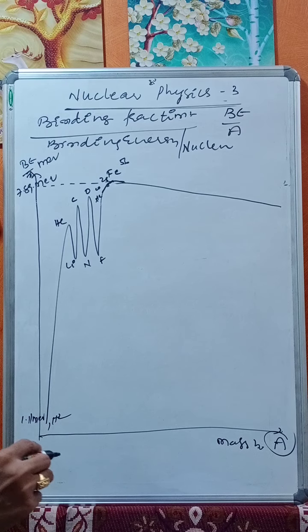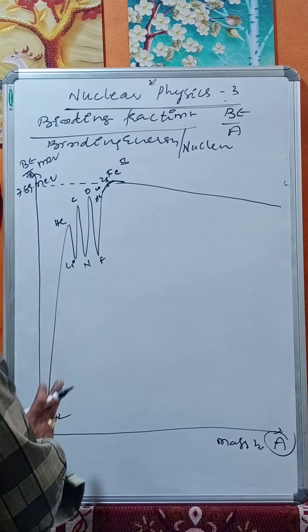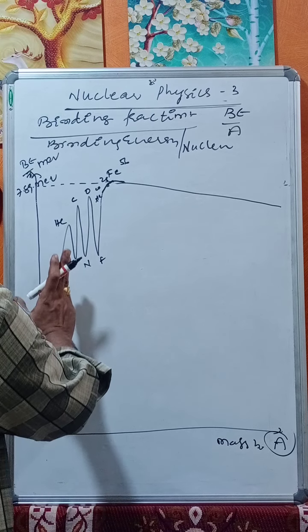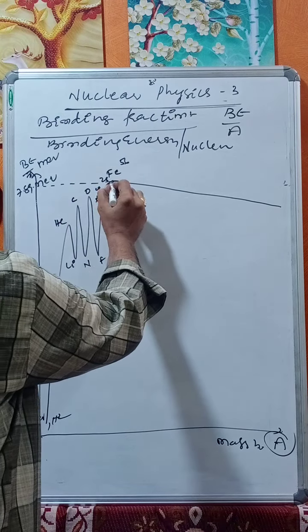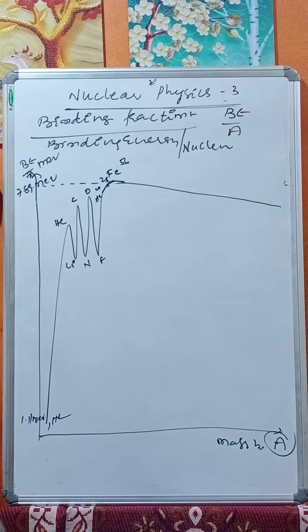What can we infer from this curve? For lighter nuclei, initially the binding energy per nucleon rises slowly, reaches a maximum value, and then drops off very slowly.